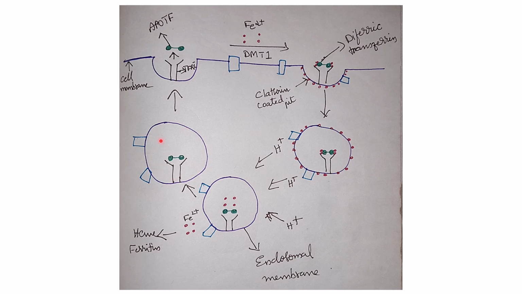This whole thing will be taken to the cell membrane, and because the cell membrane has a neutral pH, the apotransferrin and the transferrin receptor will dissociate from each other, and they will be available for the next cycle. Okay, this is what is happening in iron uptake by the transferrin receptor. Now come to the question.